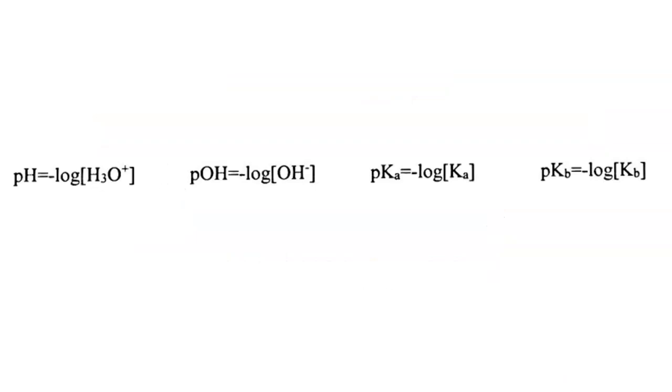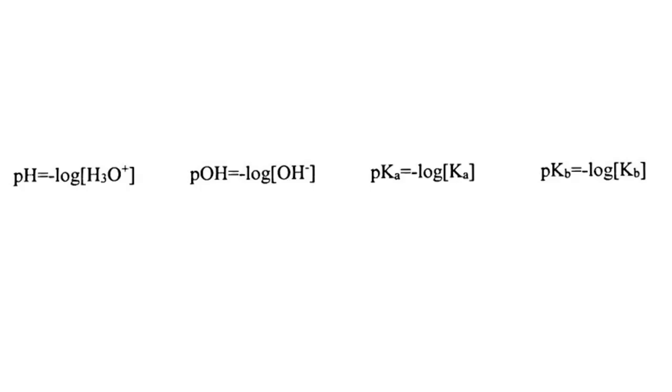Since the hydronium ion and the hydroxide ion concentrations are usually very small numbers, these numbers are often expressed as the negative logarithms, which are base 10 of the original number. These new numbers are indicated with a P for power of 10.